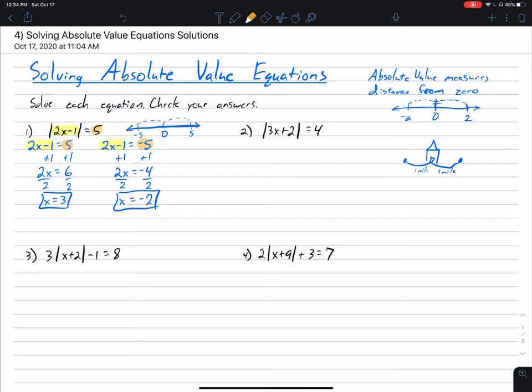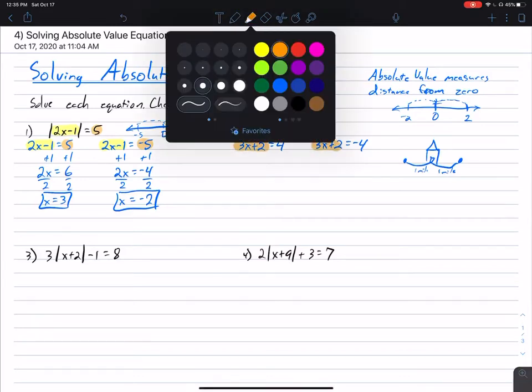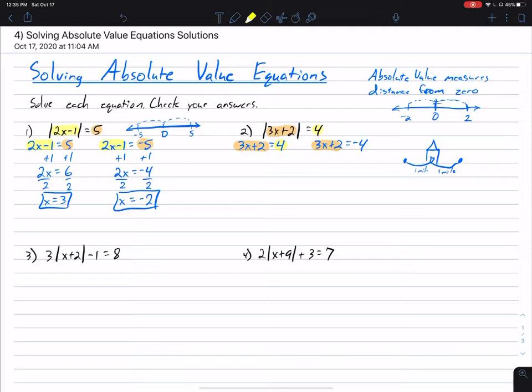In number 2, we're looking to do pretty much the same thing. We're going to take that inside piece, that 3x plus 2, and we're going to create two equations, one where it's equal to 4 and one where it's equal to -4. And then again, we just solve them. So subtract 2.